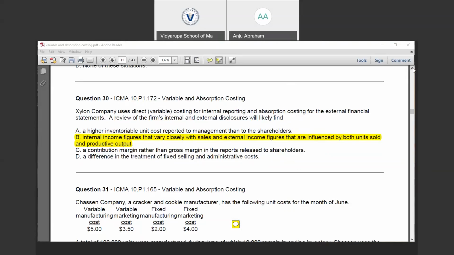Next we are going to deal with joint products and byproduct cost. That is a new topic that we are going to deal with tomorrow. We have dealt with almost all the problems from the homework. I hope you will have the Wiley questions with you. So go practice these Wiley questions. With both Hock and Wiley practice, you will be thorough with every concept regarding variable costing and absorption costing.